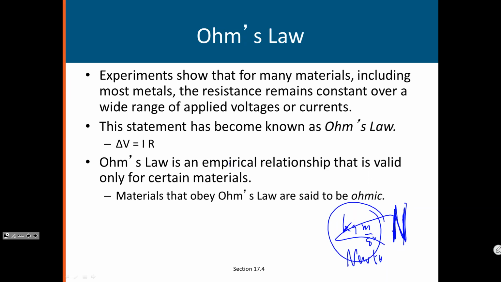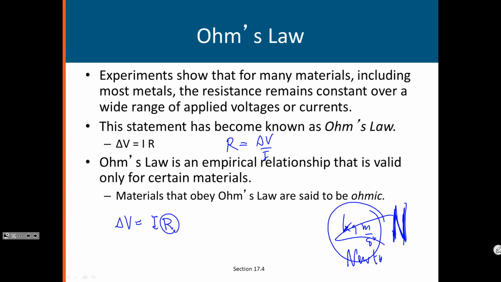Ohm's law. What he defined, when he defined R, the resistance, as potential difference divided by I, is actually the definition of the resistance. However, for some materials we call conductors in general, we know this delta V is proportional to the current.